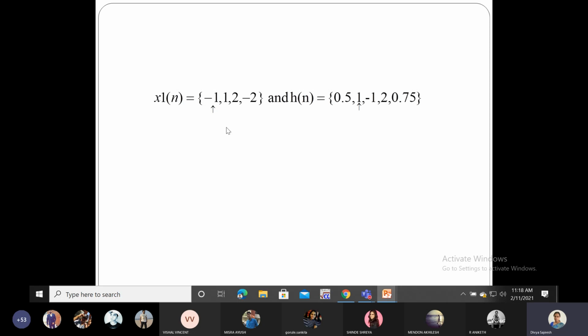So you have to go to n1 plus n2 minus 1, that is 4 plus 5, which is 9, 9 minus 1, 8. So you have to make it 8 samples. How can you make the 4 samples into 8? Add zeros. In the second case you have to add 3 zeros, and in the first case you have to add 4 zeros.